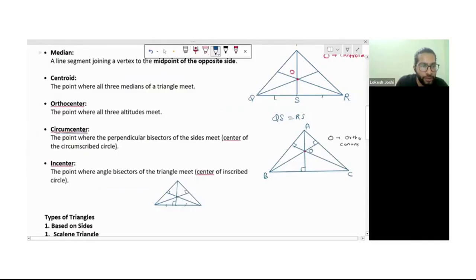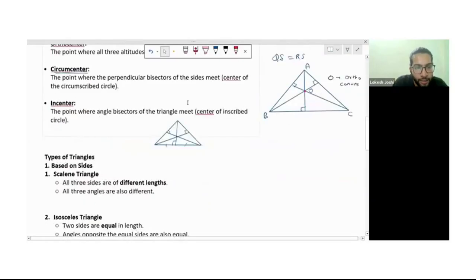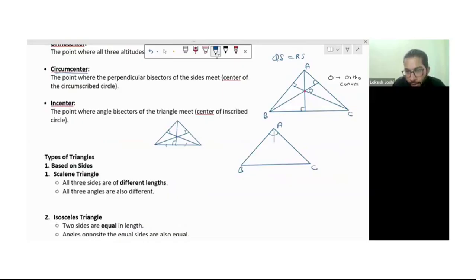Okay, now the last one, incenter: the point where the angle bisectors of the triangle meet. I am explaining this one. Suppose this one is A, B and C. Now this one is angle A. Suppose I have drawn a line to the opposite side such that it breaks this angle into two equal parts, which means this angle is equal to this angle.